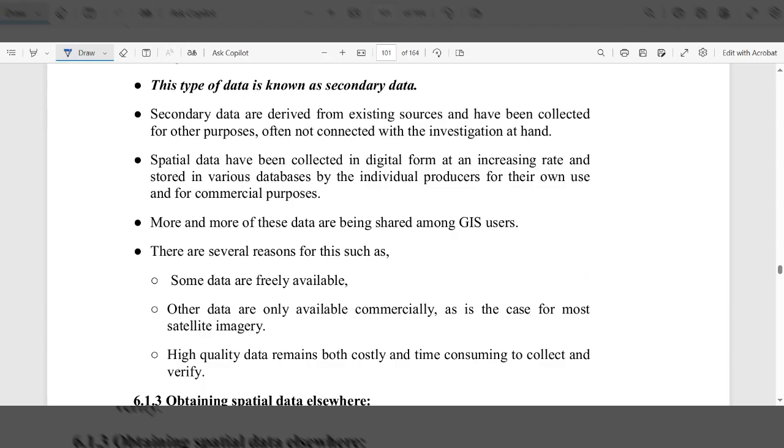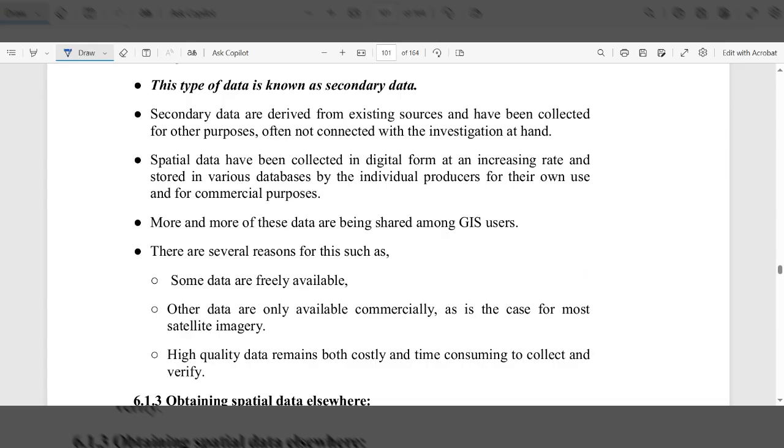So spatial data have been collected in digital form, right, at an increasing rate and stored in various databases by individual agencies for their own use and for commercial purposes. So more and more of this data are being shared among the GIS users.